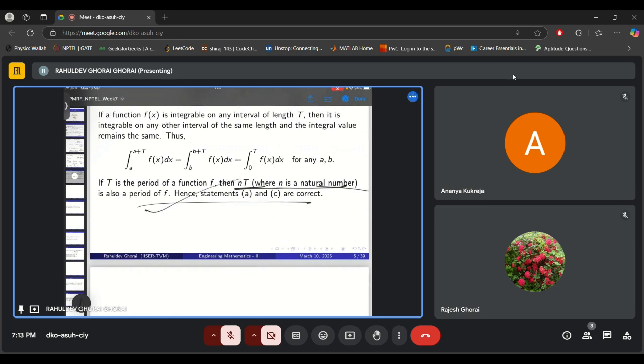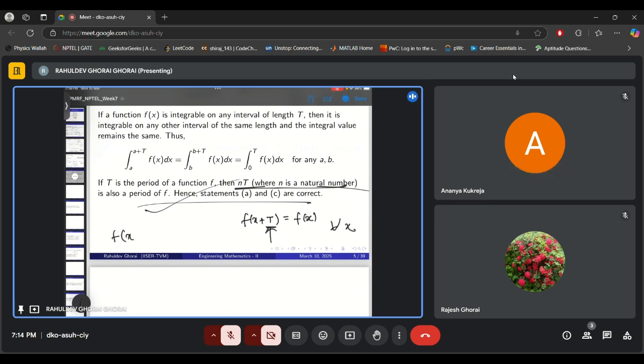Sometimes in some books they define the period of a function as the least positive number T which satisfies f of x plus T equal to f of x. That is the definition of period: T is the period such that f of x plus T equals f of x for all x, and T has to be the smallest one.